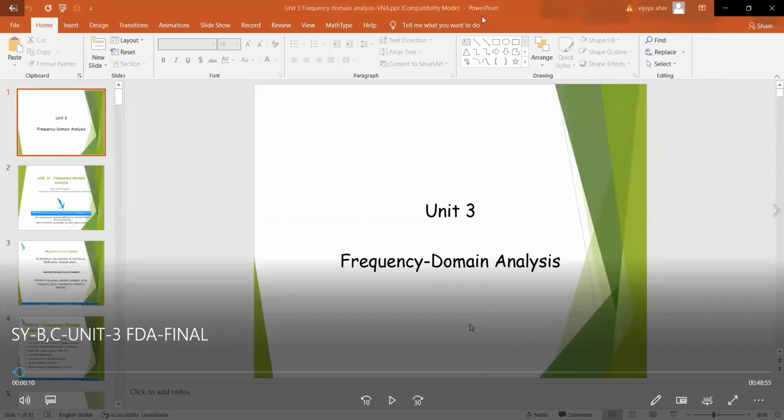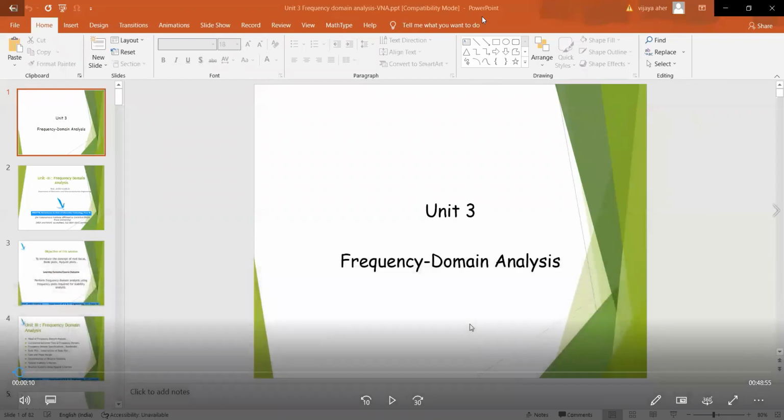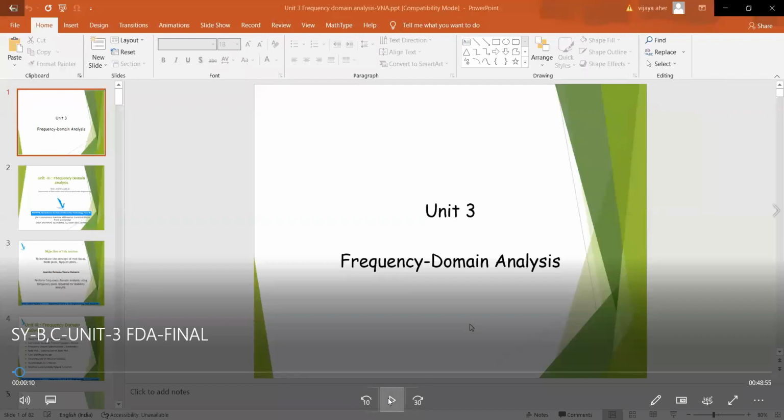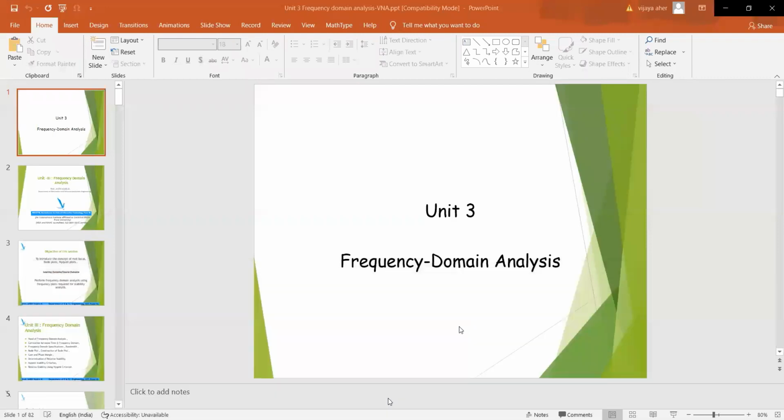So is this screen visible, students? Am I audible clearly? Yes. Okay, beta Swaraj. Now we'll start with unit 3. Students, am I audible? Hello.